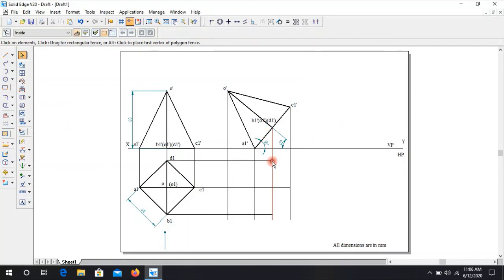Now locate these points in the top view. We'll start with point A1. This is the vertical line from A1. This is the horizontal line from A1. These two lines will intersect here. So this is point A1. Vertical line from B1, horizontal line from B1. These two will intersect here. So this will be point B1.